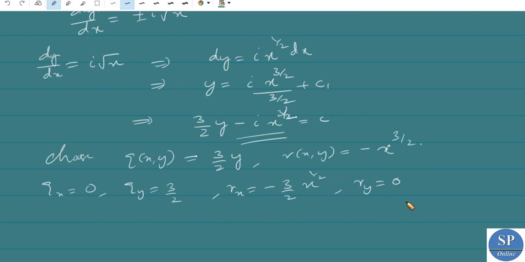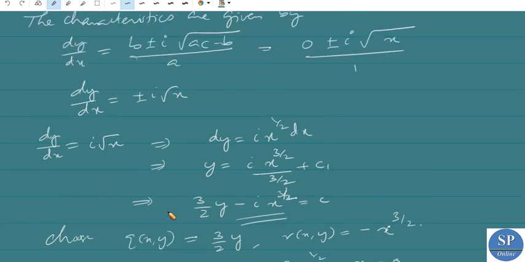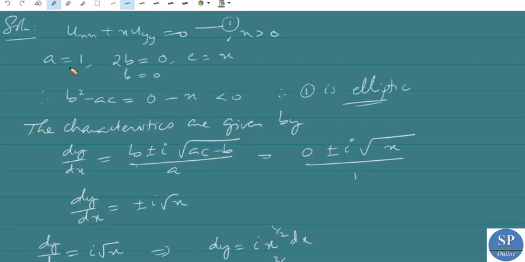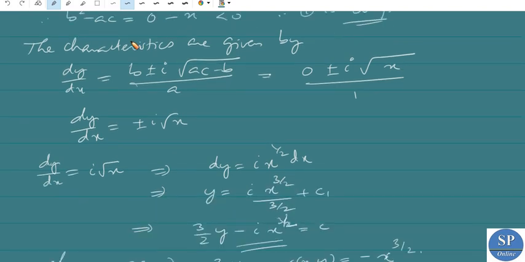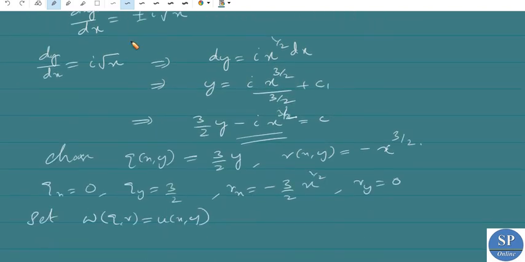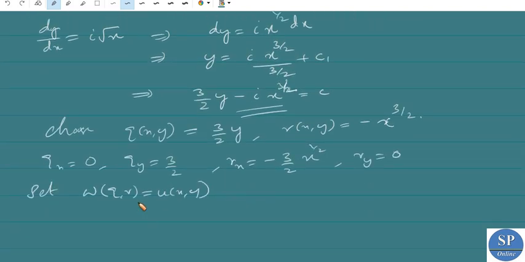So setting the transformation w of q,r equal to u of x,y, we need to find the partial derivatives u_xx and u_yy to substitute in the first given differential equation. So we have to convert this into a function of q and r.